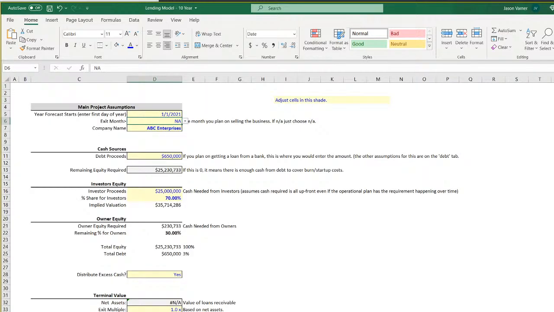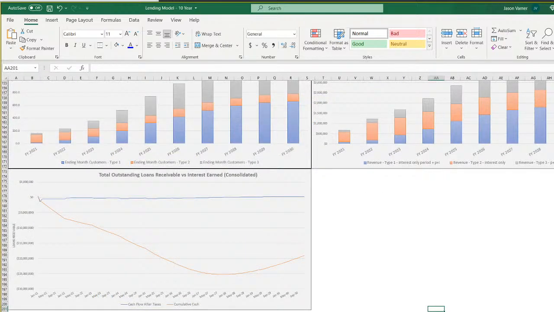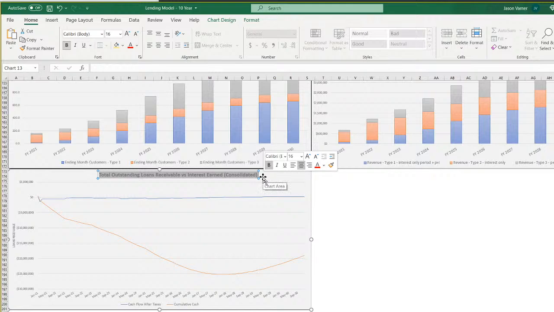Now, if we do an exit and essentially sell all the loans at the end, we're not going to see it. Okay, so this is right because this is just doing the operations. This doesn't include exit. So this is operation cash flow, not including exit value.